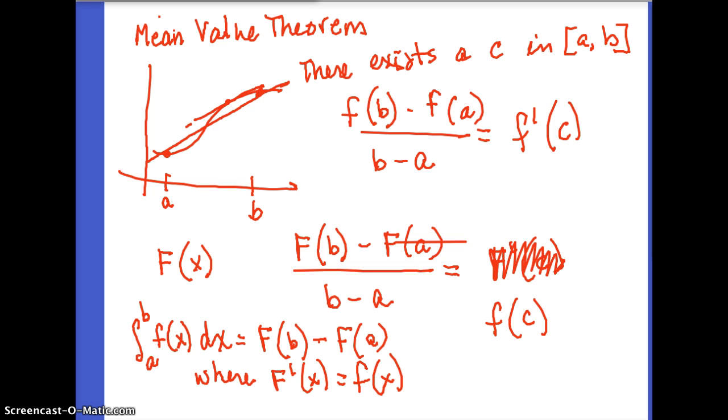Okay, so here's where we can go with this. So this mean value that we used for derivatives, let's go with, again, this capital F of x, but we're going to define it as we have before as the antiderivative between a and x of some f of t function.